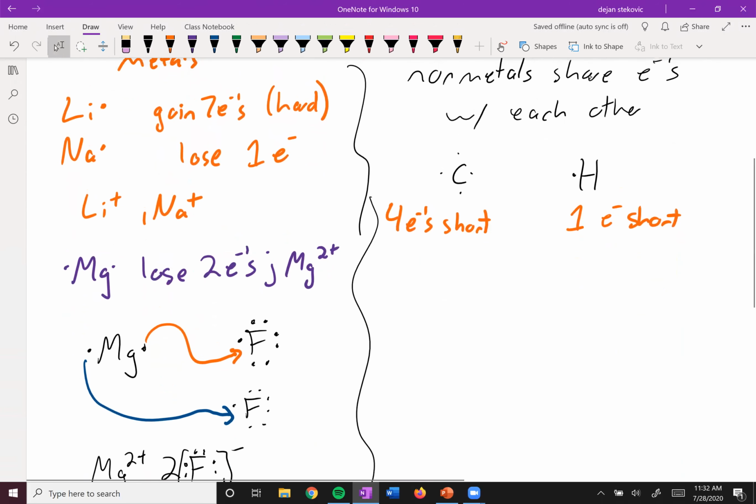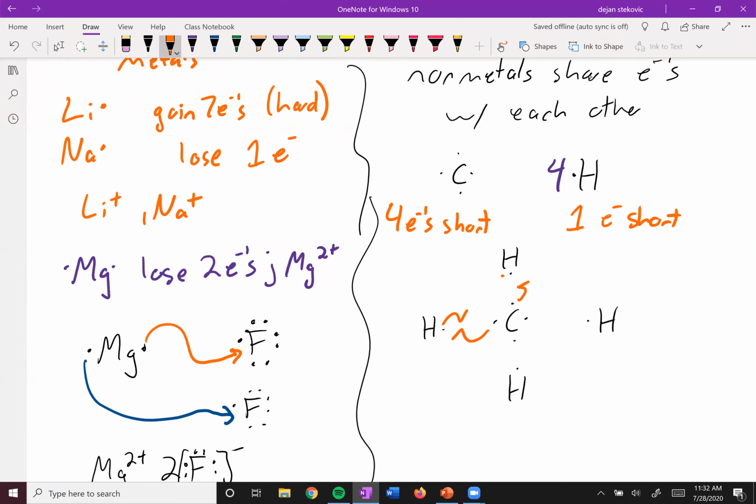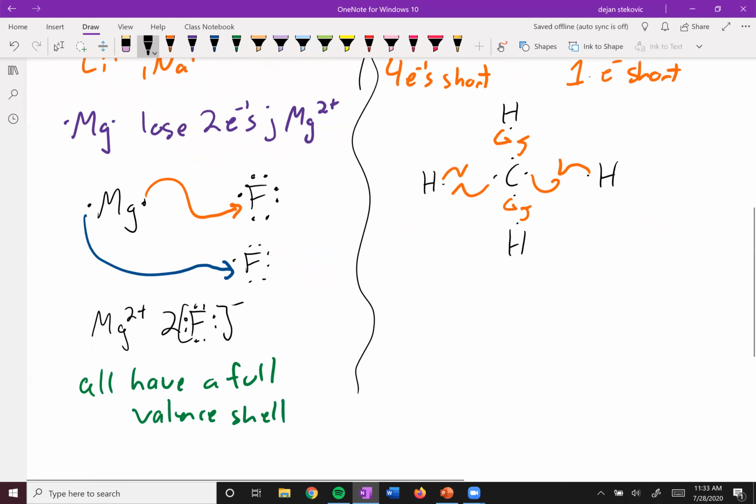And so what you can predict then is carbon is 4 short, hydrogen is 1 short, right? We're going to have 4 of the 1 short. That way our numbers all make sense, right? So we have our carbon with all of these hydrogens surrounding it, and then they all just share their electrons to form some covalent bonds. Right, and so we can depict this like this.